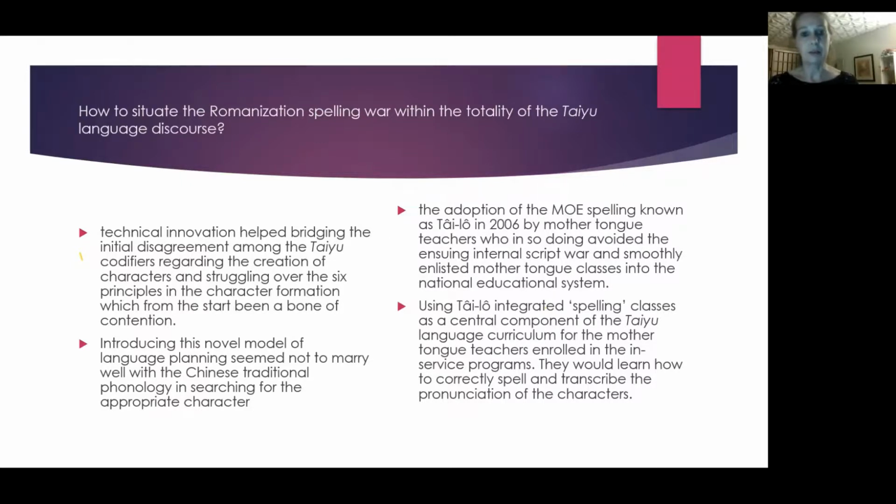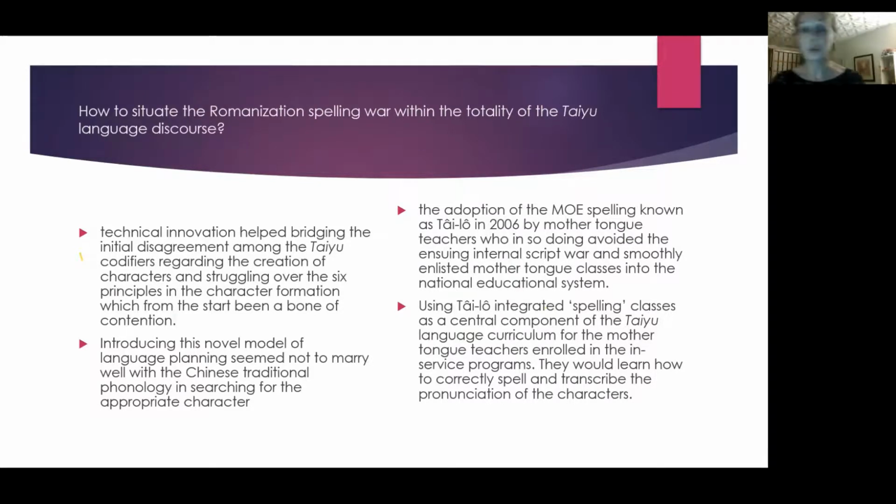It's kind of as I just said, the difference between introducing a novel model of language planning that didn't go very well with a traditional Chinese phonology in searching for appropriate characters. Technical innovation goes faster, but one also needs to have the mentality and accept this.